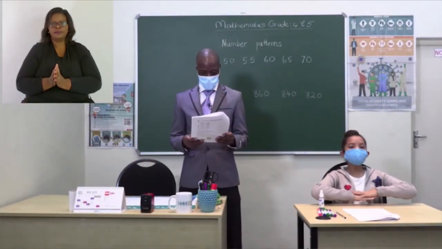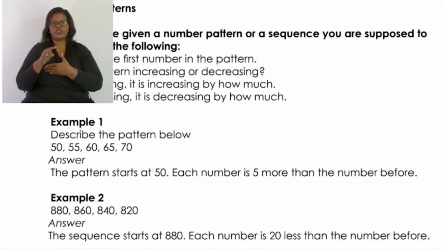Let us go to page 13 at the bottom. It's written number patterns. When you are given a number pattern or a sequence, you are supposed to take note of the following. The first one, you are supposed to identify the first term, or the number which is written first.